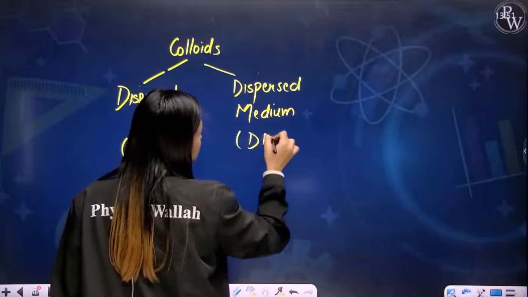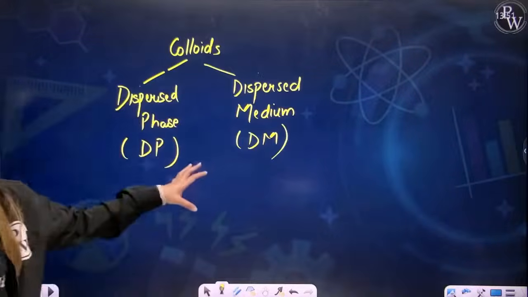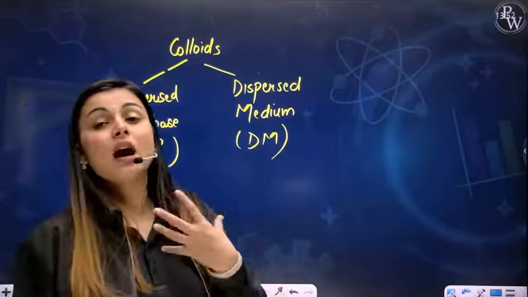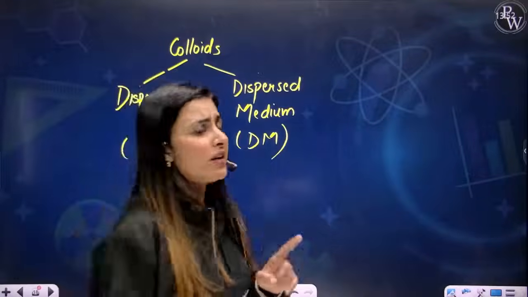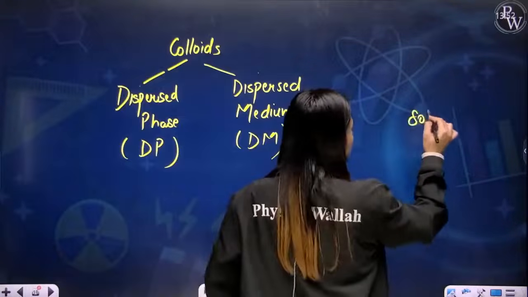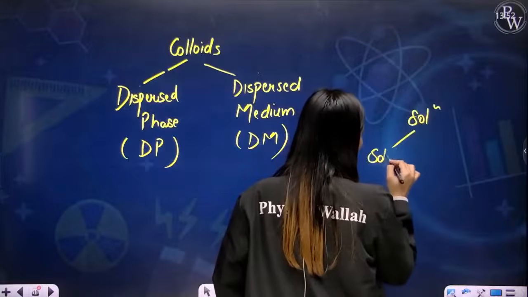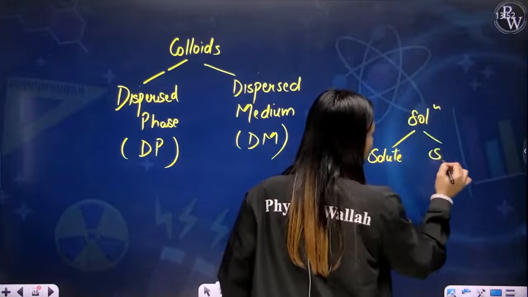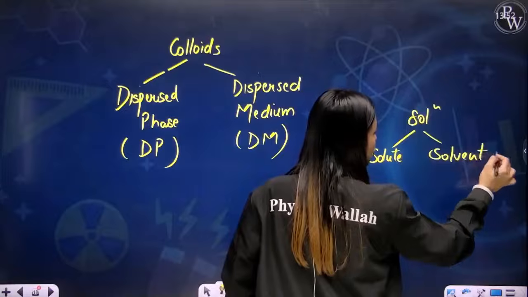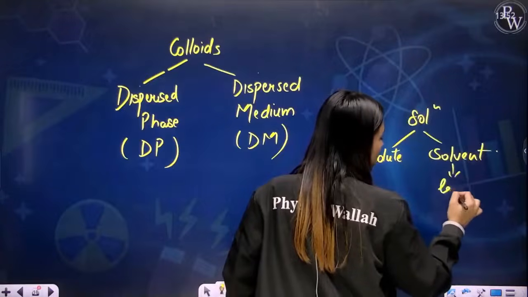Known as DM. Okay, so this is how we classify a colloid, that how a colloid is formed. We know that for a homogeneous solution, you had solute and you had solvent, and you had solvent in larger amount.